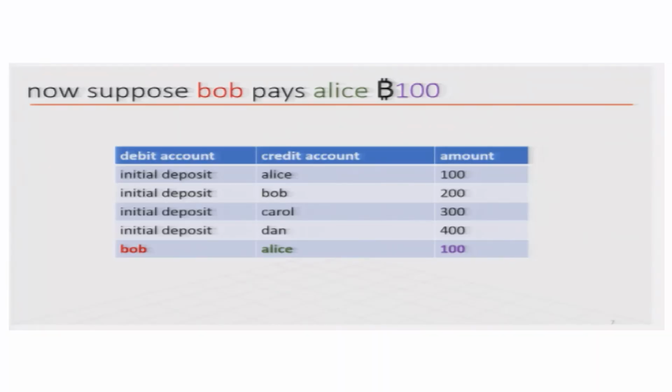Suppose now real transactions start happening. Let us say Alice sold something to Bob, and Bob makes a transaction maybe over the internet or by a check, and Bob gives Alice 100, and when that happens, earlier Alice used to have 100, now Alice's account should be credited to become 200, because Bob is now giving money to Alice.